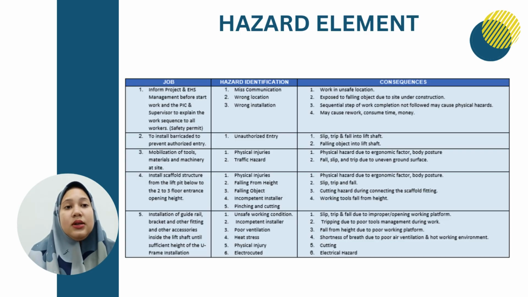The fourth one will be installation of the scaffold structure from the lift pit below to the second and third floor entrance at opening height. The hazards that we are able to identify are that the worker might be exposed to physical injuries due to ergonomic factors and body posture, falling from height because you are installing the structure at the second and third floor, and also exposure to falling objects, and also an incompetent installer may result in cutting hazard due to connecting the scaffold fitting in the wrong way.